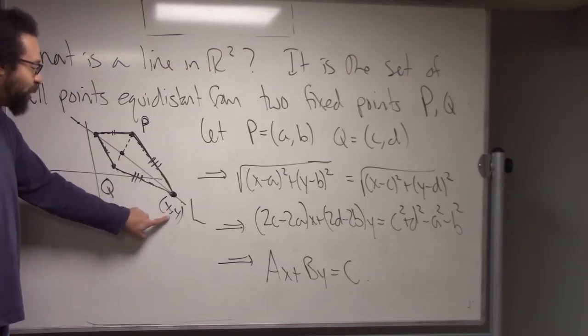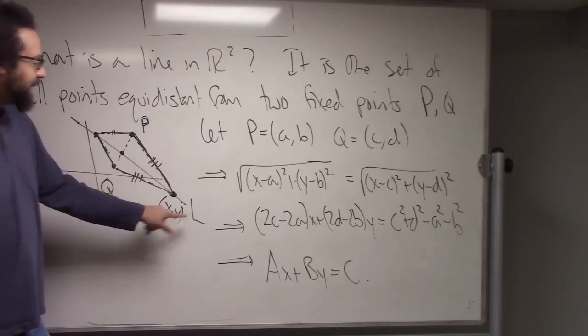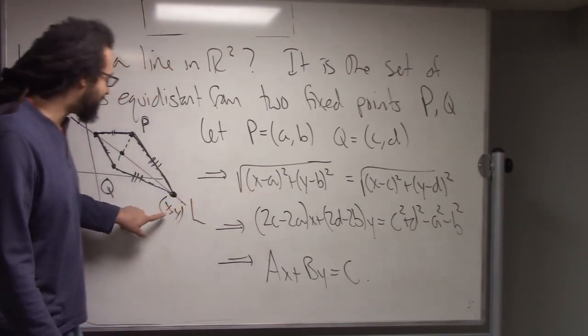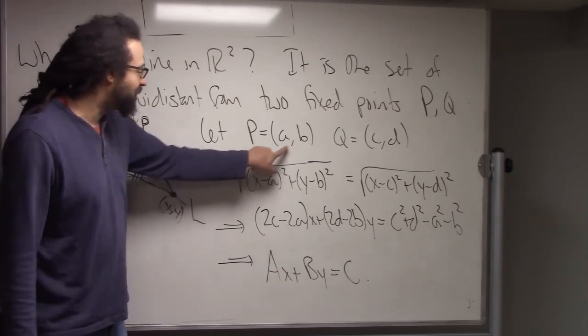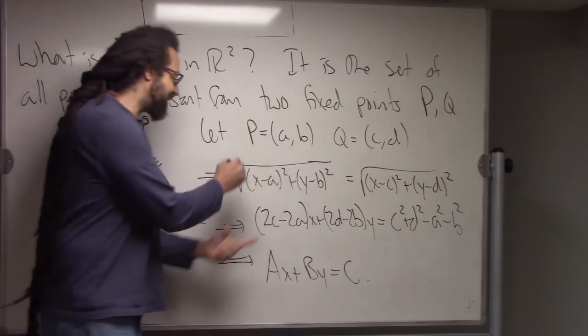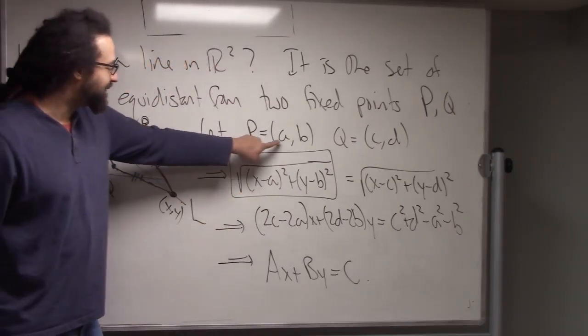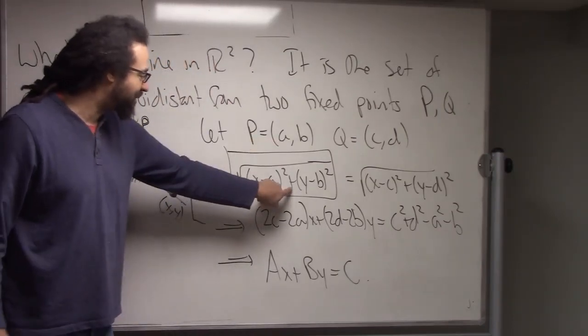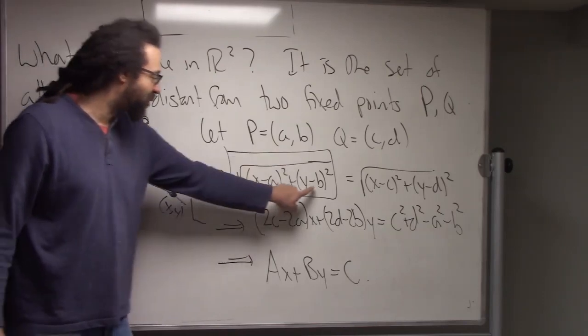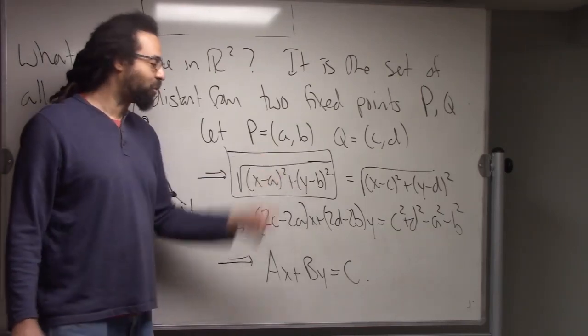So if x comma y is on the line, then the distance from this point x comma y to the point P, so here's the distance formula, right? Remember the old distance formula. It's the difference of the x's squared plus the difference of the y's squared, and then take the square root.